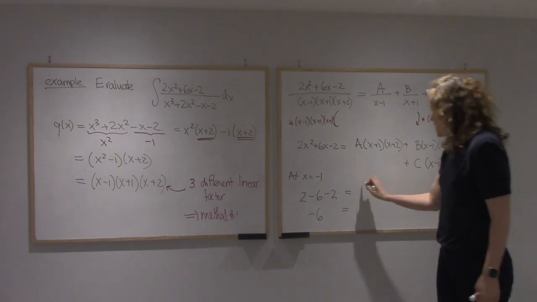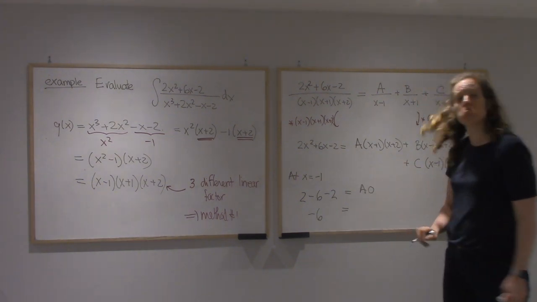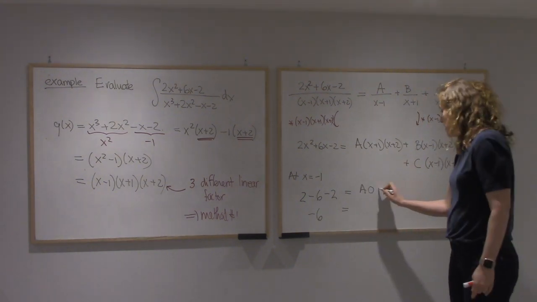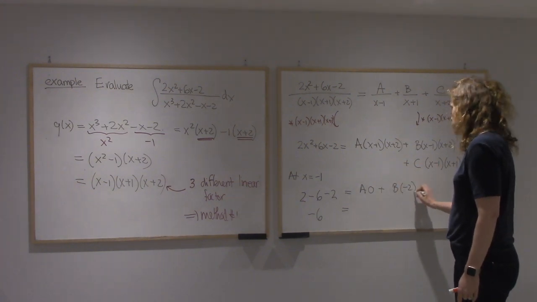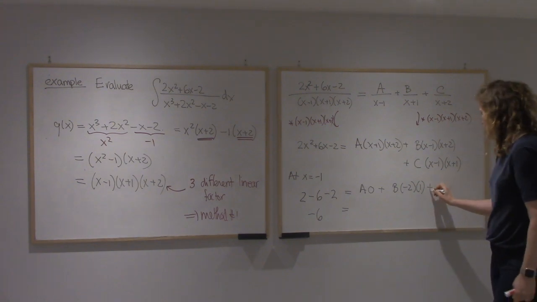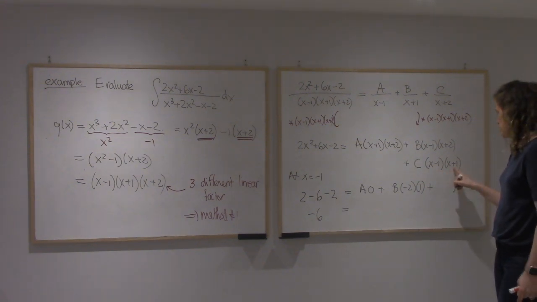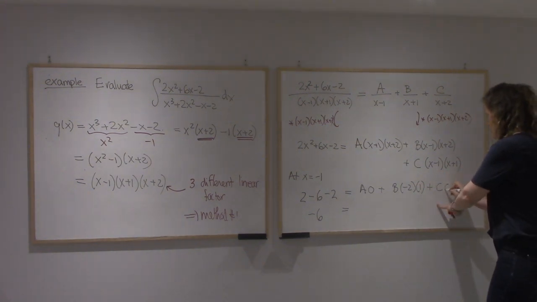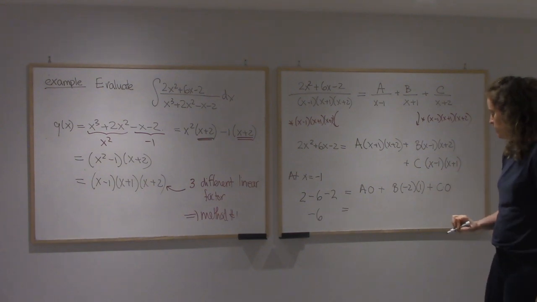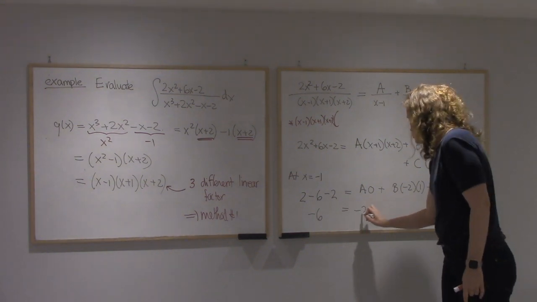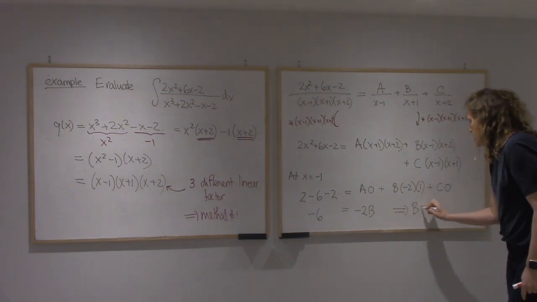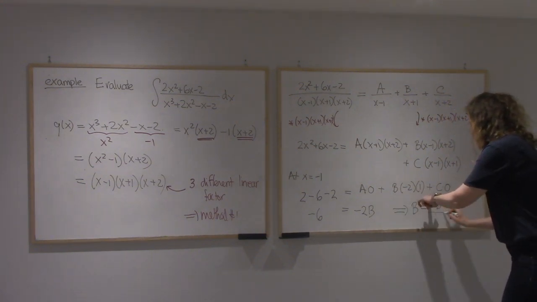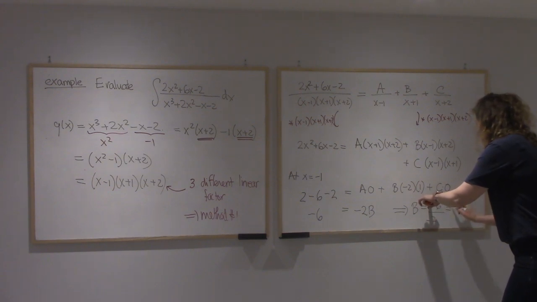On this side, I'll get a times 0, that will disappear. I will get b times minus 2 times 1. And this one will give me 0. So I get minus 2b. That means that b is minus 6 divided by minus 2, and that gives me 3.